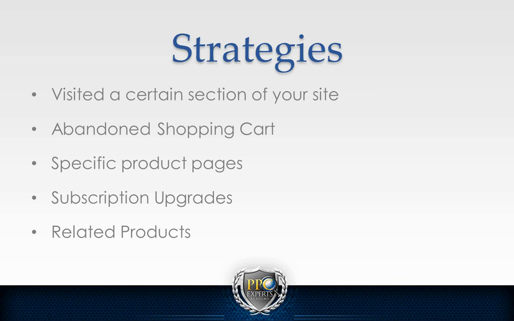You can also target specific product pages. So if you have a real hot product, let's say, for example, Amazon, the Kindle. Anybody that visited the Kindle page, and then you could mix this by creating a custom list, which we'll talk about.